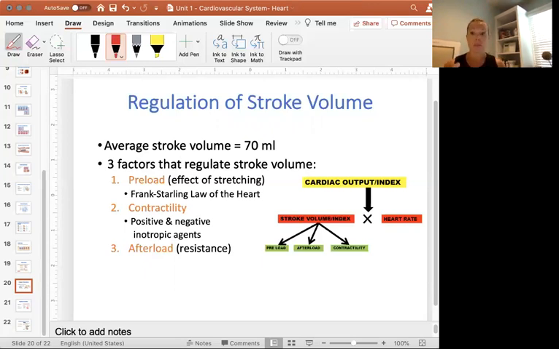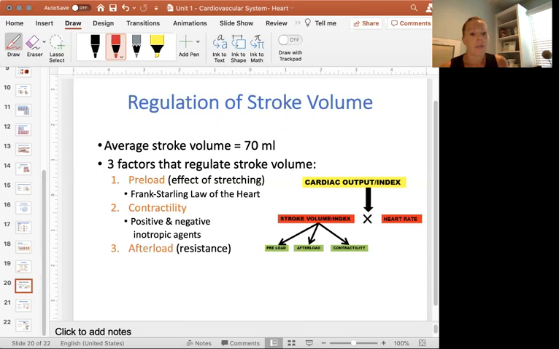When the ventricles contract and eject blood, it's only about 60% of the blood in those ventricles that actually gets ejected. So not 100% of the blood gets ejected. They're not completely emptied. Like I said, only about 60% is ejected, and that ends up being roughly 70 milliliters.